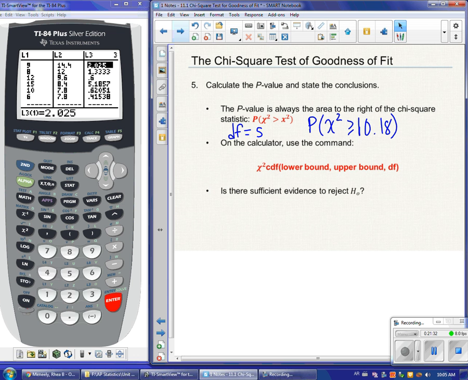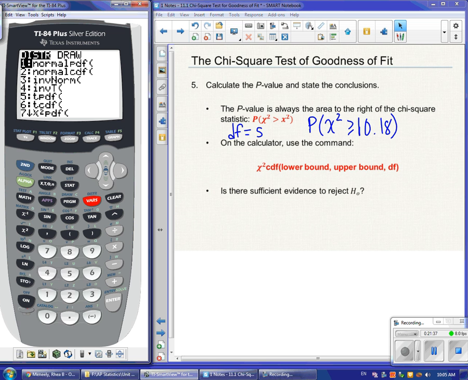So I'm just going to go, we've done this before, to my distribution menu. And now if you scroll down, you'll start to see option 7 is a chi-square PDF. Option 8 is a chi-square CDF, and that's the one we want to choose. This is a continuous distribution. And just like with my other continuous distributions, I'm going to enter a lower bound and an upper bound. If you have one of the older calculators, you might not see it this way.